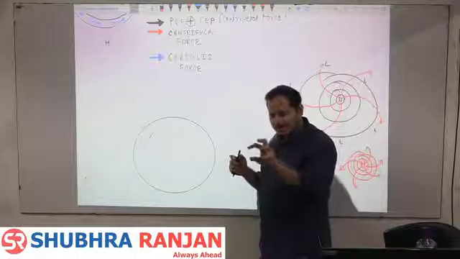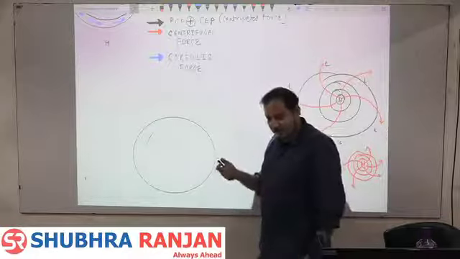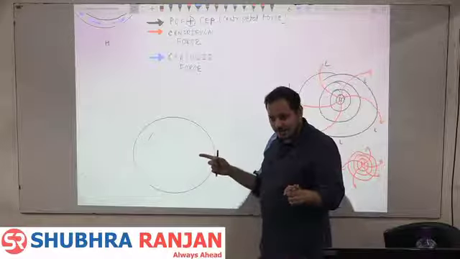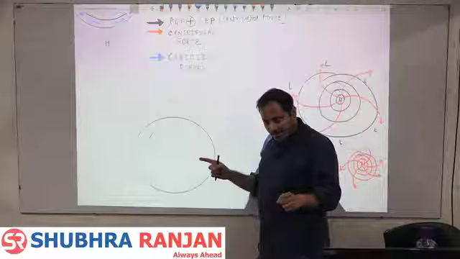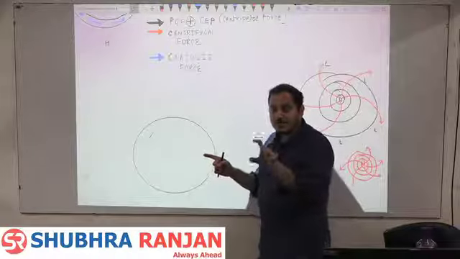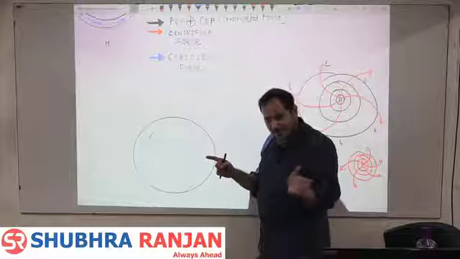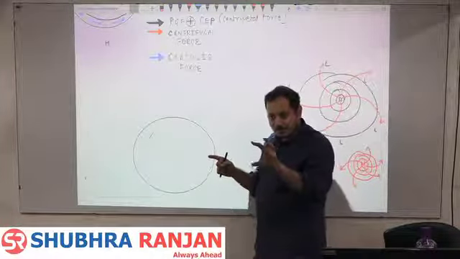Speed is determined by the pressure gradient force. In cyclones the wind speed is 300 to 400 kilometers per hour. That shows that the pressure gradient is greater. Because the pressure gradient is greater, the Coriolis effect is not seen properly. The final direction of the wind will not always be determined by the Coriolis force.